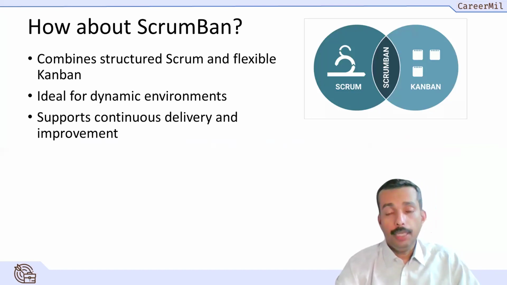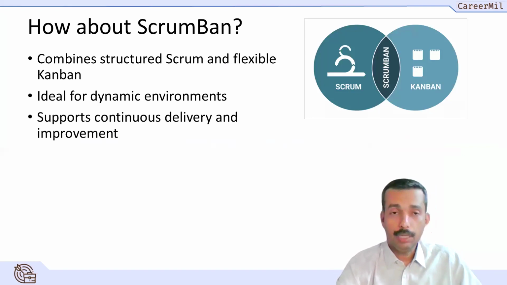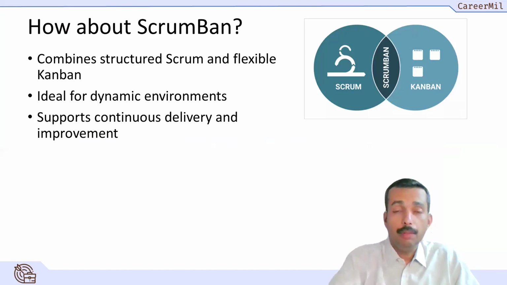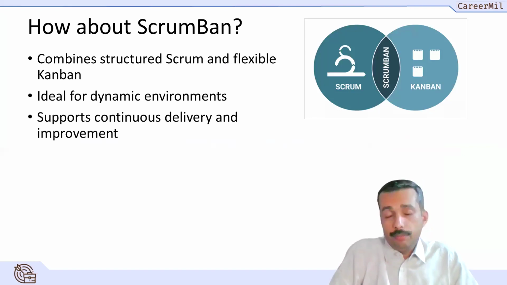So in my experience, what I have seen is when you have a situation like this, what you would do is you won't have a sprint planning to start off. So what you do is you pull in work as the team sees that they have capacity. Now, pretty much everything else actually remains same.